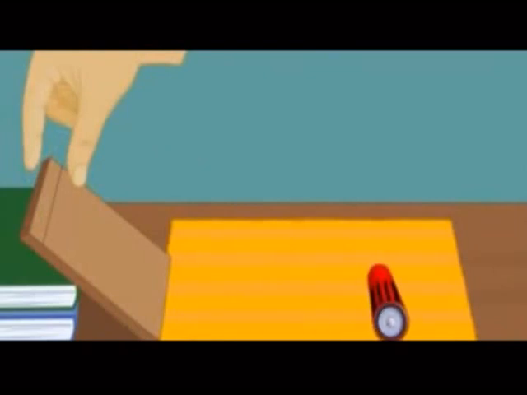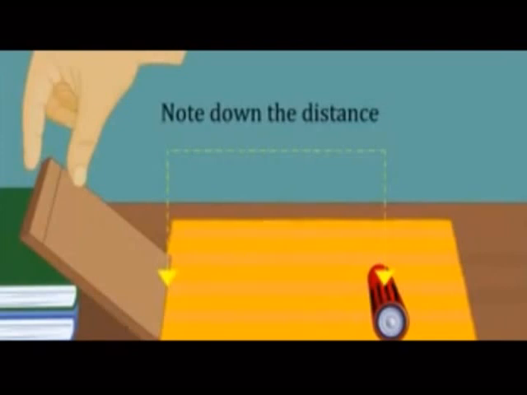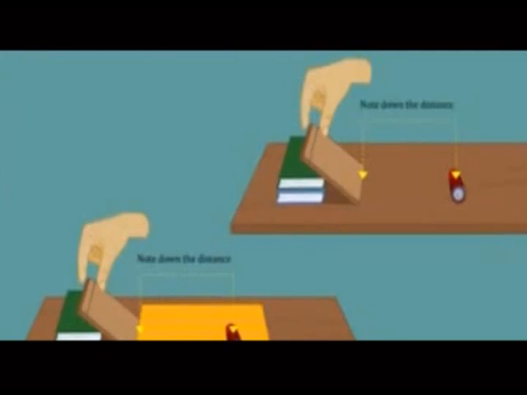Now spread a piece of cloth over the table and make sure there are no wrinkles on the cloth. Roll the pencil once again and note down the distance. The distance covered in this case is less than for a smooth table.